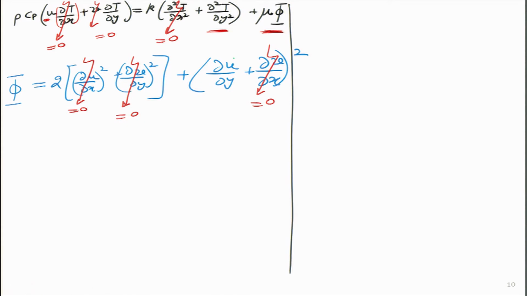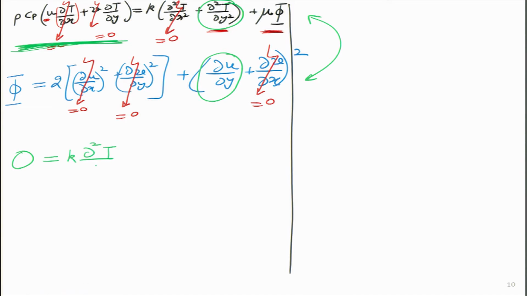So I'll put a green circle on this term and a green circle on this term. Because these two equations are essentially one, I'll just plug back in the value of capital phi and let's see what we get. So in the top equation, left hand side is 0, right? Then the first term on the right hand side is simply k ∂²T/∂y², because everything else is 0.